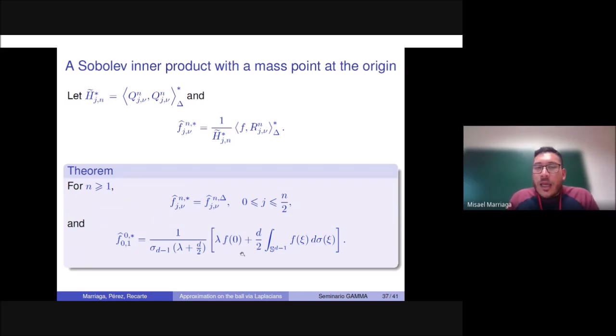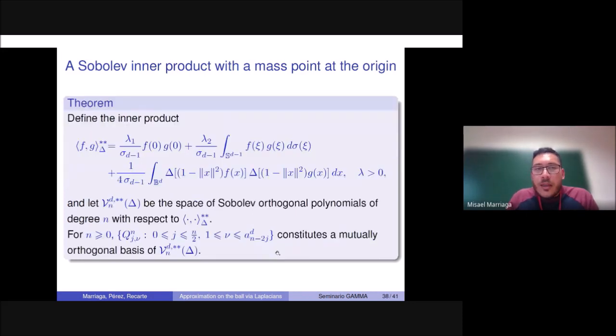Okay, but overall, we can just say that the basis that we have constructed previously is an orthogonal basis with respect to an inner product that involves a constant mass term at the origin, and also has a spherical contribution. Okay, and then the other part remains the same.